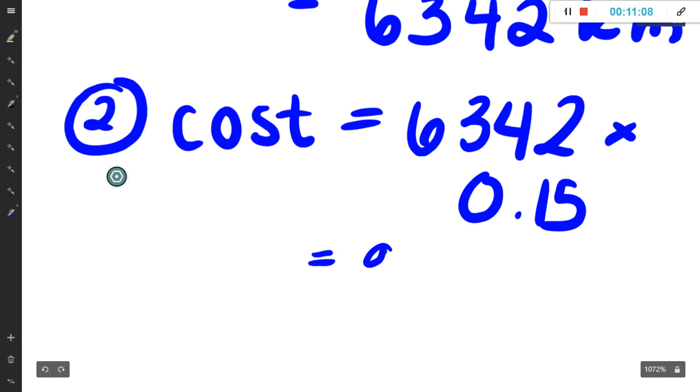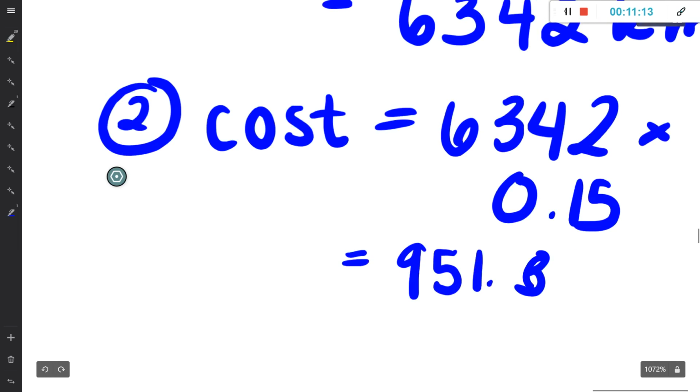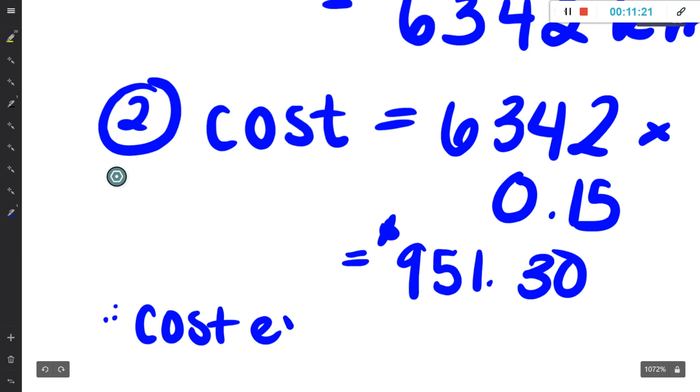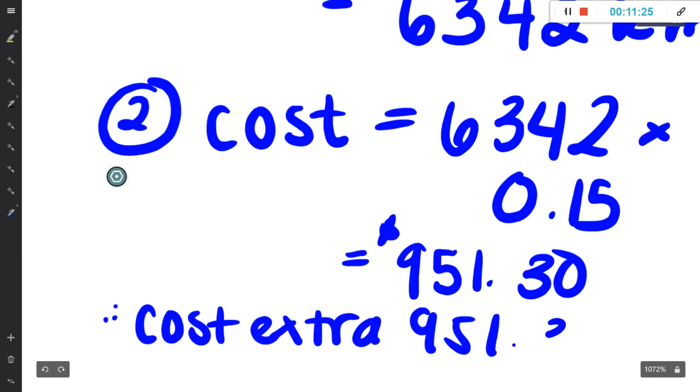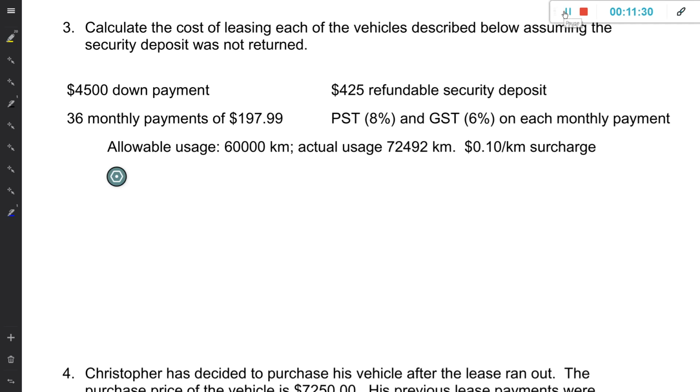And that is going to be equal to 951.30, and that's how much it cost extra. Therefore, cost extra $951.30. Cool?